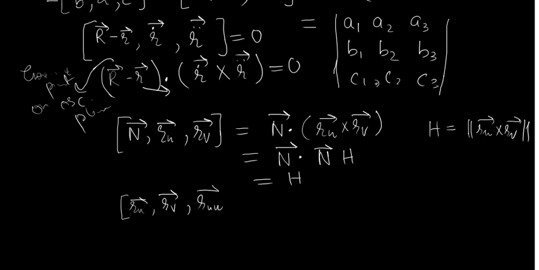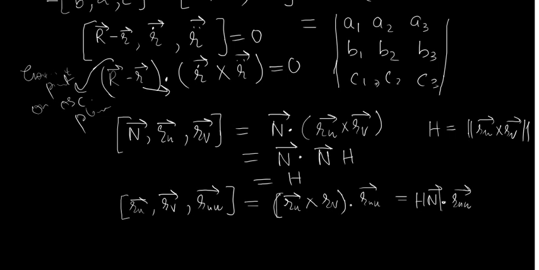If I take this triple scalar product, I can write it, because the dot product commutes, as ru cross rv dotted with ruu, which is hn dotted with r sub uu. So this is just n dot ruu, the second fundamental magnitude L, so it is hL, because n dot ruu is L.